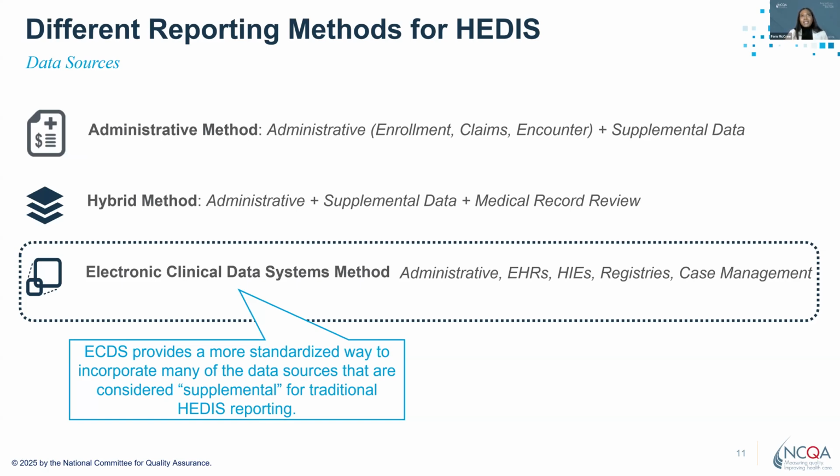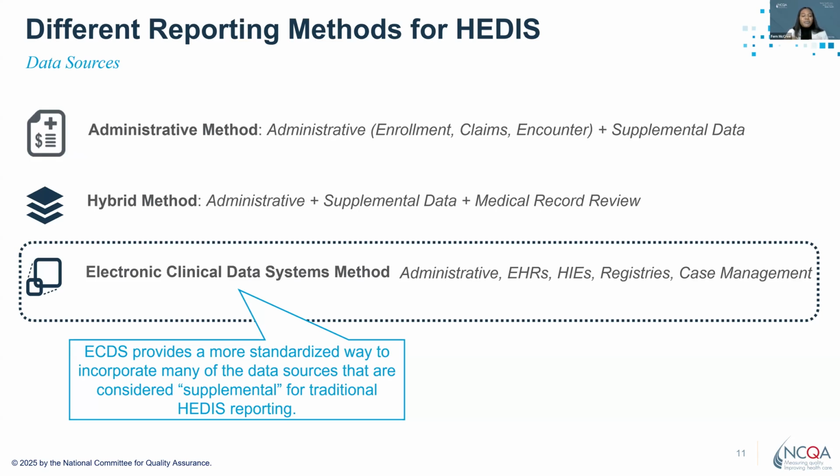So those designations next to ECDS, EHR, HIE, registry, case management, those are just examples of supplemental data sources that could be pulled in for those other sources as well. It's just not labeled as such for ECDS reporting.